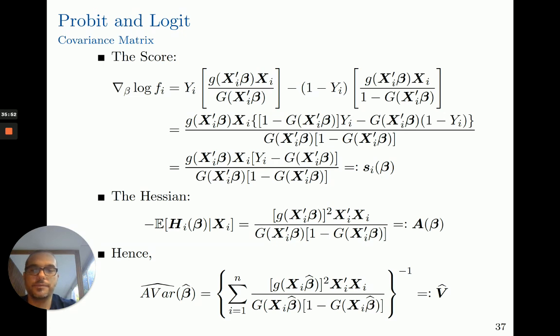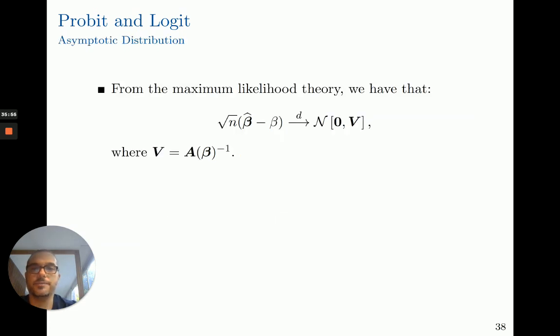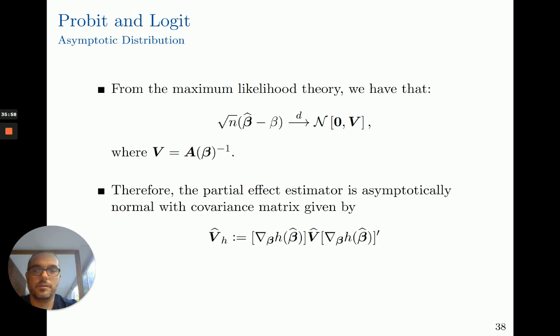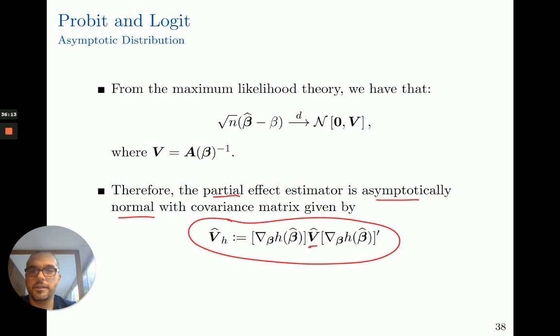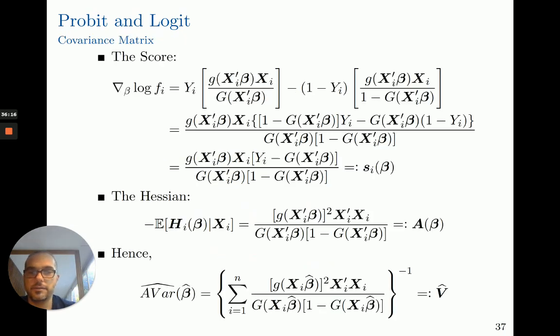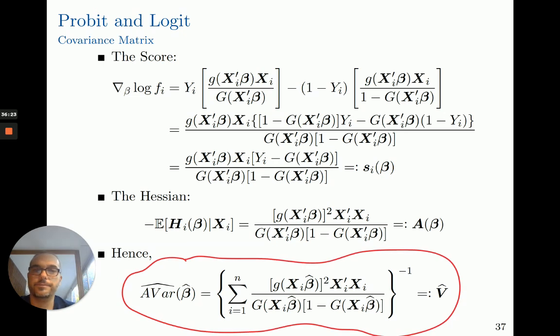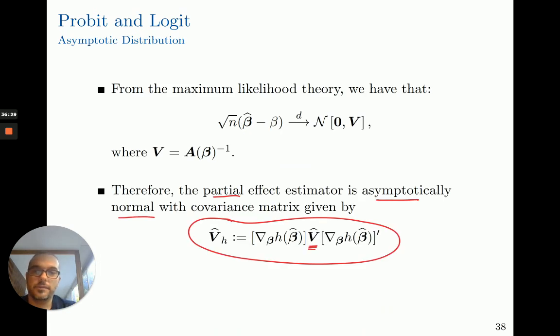The partial effect of the logit model is normal, but the covariance matrix is given by this expression here, where this V hat is given by this expression, and this thing here is the derivative of the function h with respect to beta.